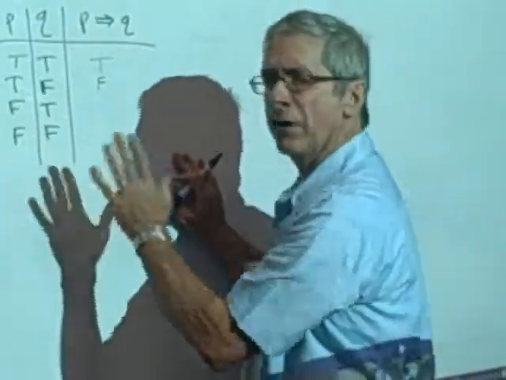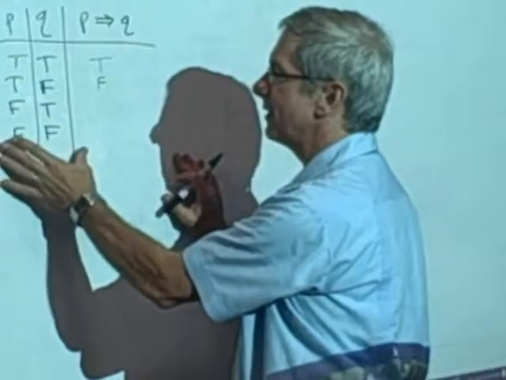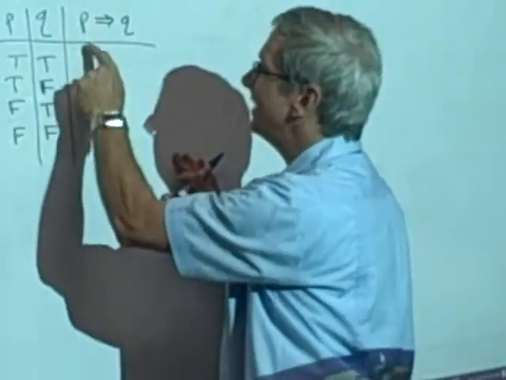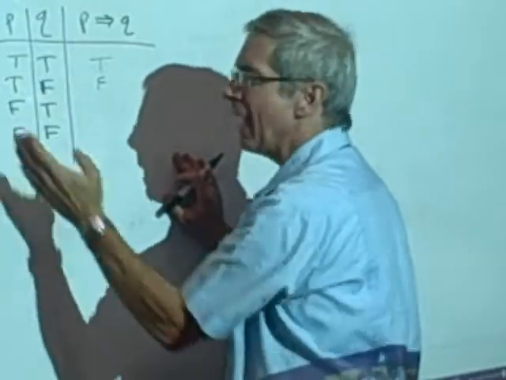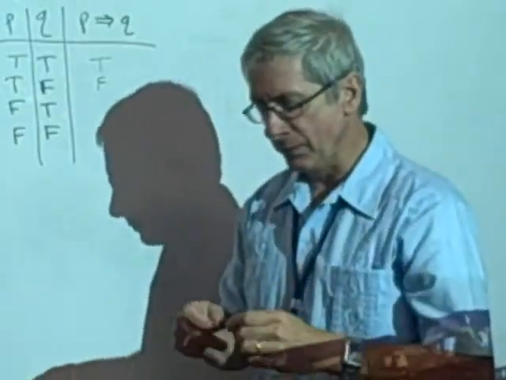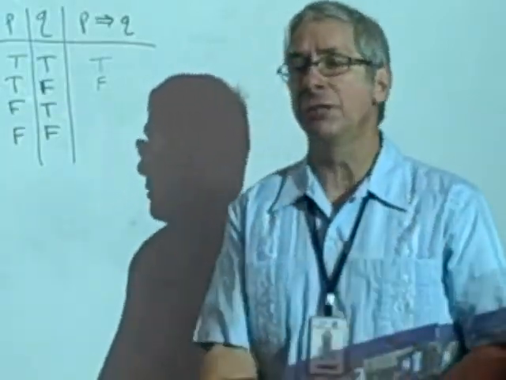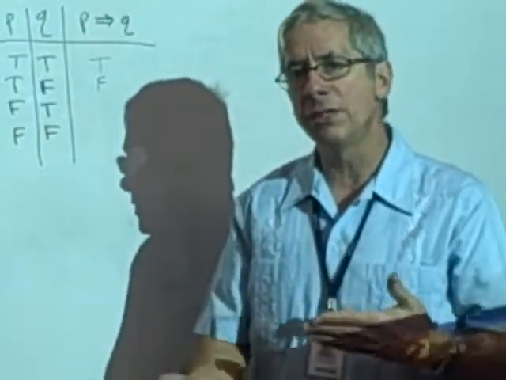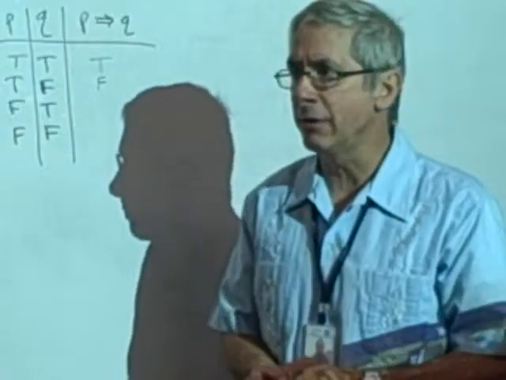Now, the hard part, the weird part, is the second half of this table, where the first part of the implication, what they call the antecedent, is false. What happens then? What if you don't clean your room? Well, the father said, if you clean your room, you go to the movies. If you don't clean your room, anything can happen, and it won't make the father a liar or a bad guy.